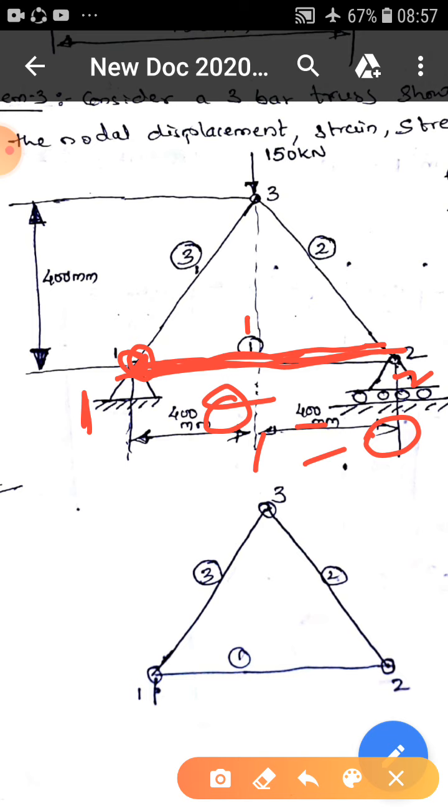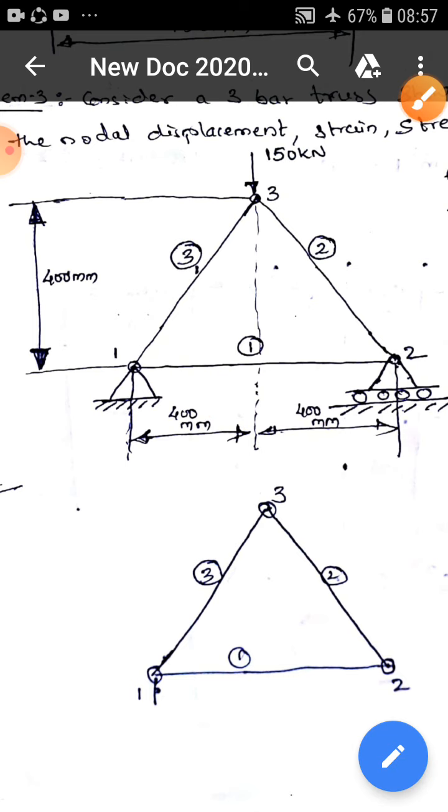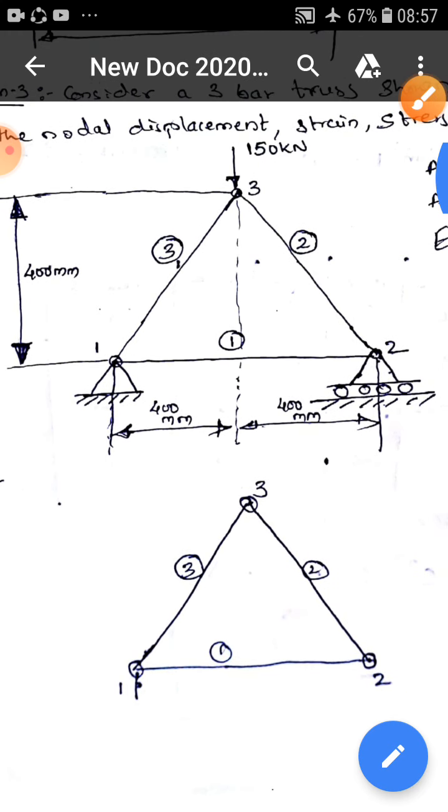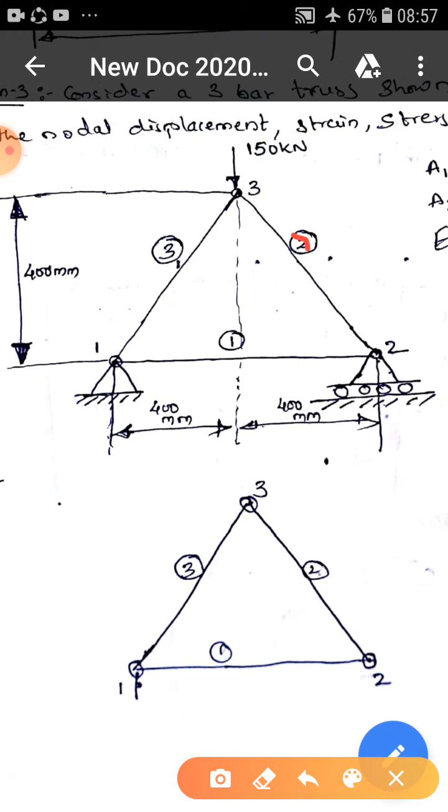Now we'll see what is the angle made by element 2. Here you need to concentrate more. Element 2 is connected between 2 and 3. Its local node 1 is 2, for instance, and local node 2 is 3.